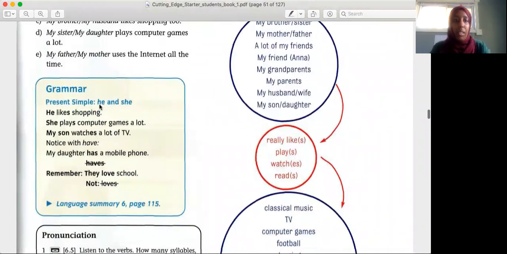Here we go. Present simple with he and she. He likes shopping. I think in one of the earlier modules they spoke about singular verbs. And now here they're putting the S on the verbs.